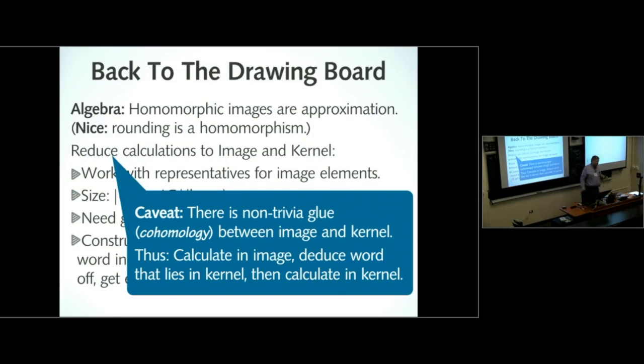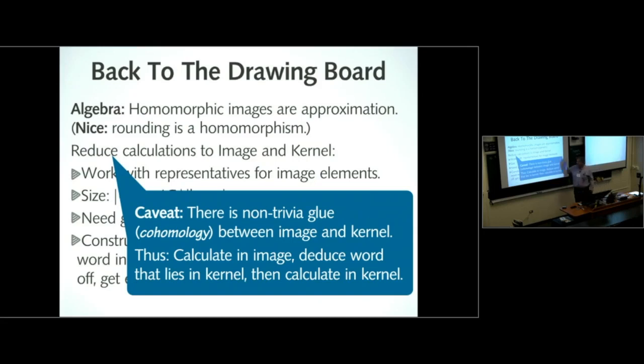The easiest way to think about it is probably if you look at matrices: a block upper triangular matrix is not guaranteed to be convertible to a block diagonal matrix. You might have an off-diagonal block which has something in there, and if you can't change this to 0, that's what cohomology describes.